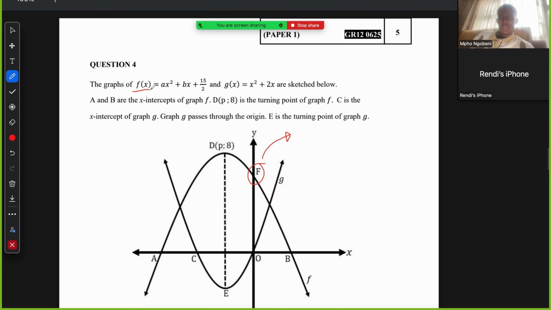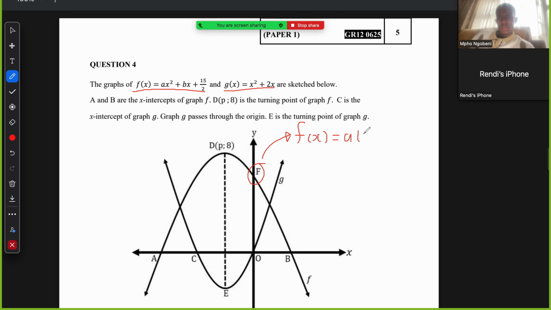Which equation will you use? Will you use this equation or this equation? f(x), this one. Correct. So we're going to say f(x), and with this one, x becomes 0, right? Where there is x, we put 0.